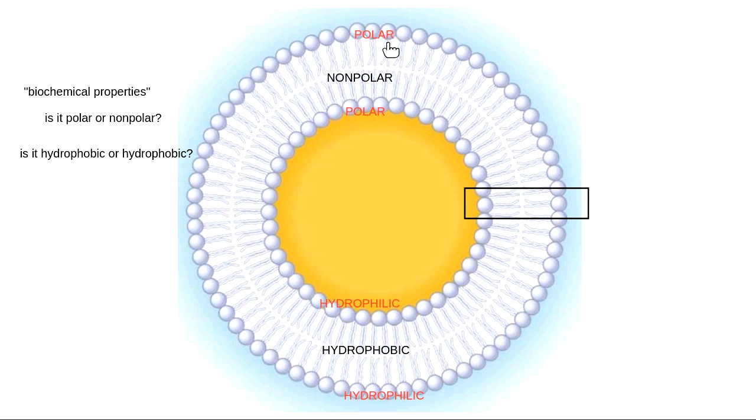So they're actually there. You could think of them kind of as a protective layer for these tails, because these tails can't stand water. They just can't even with it. So let's put a head group on the outside and a head group on the inside of the membrane to allow these guys to not have to deal with water or things that make them uncomfortable because they're nonpolar.